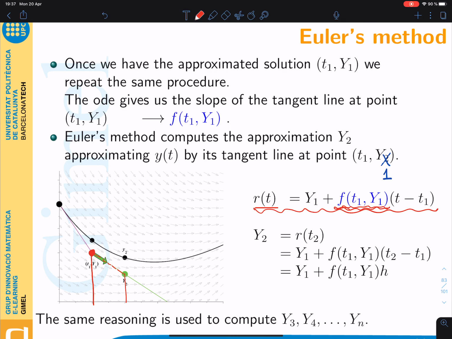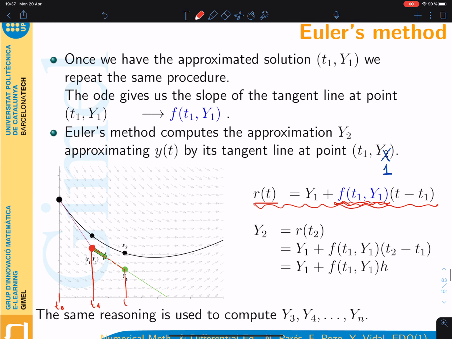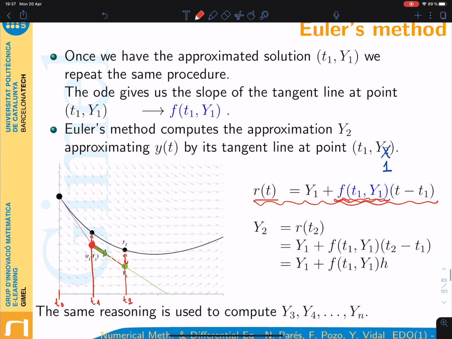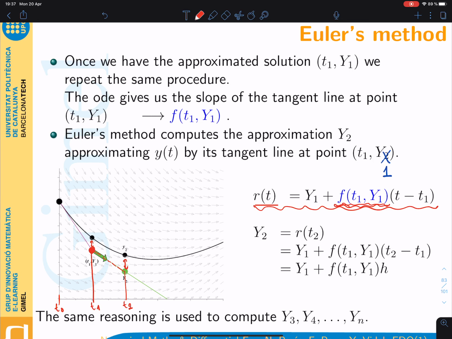Here we have that this is t0, this is t1, this is t2, and so on. And we can see in this slide that of course there's an error, it's not the exact solution, but the main idea here is that I can control this value of h. So the smaller the value of h, the better will be the approximation. Okay? So those are the formulas.